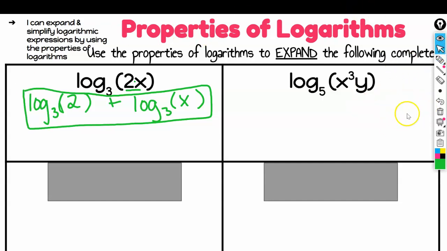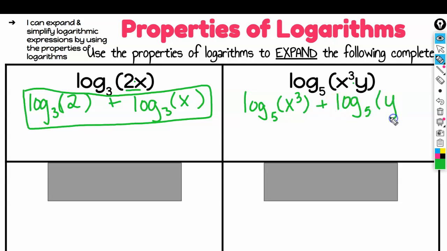Right, with this next problem, I see a little more going on here. I see a power, but most importantly, I see multiplying. So I am going to start, it's backwards. I'm going to start with the product and quotient property first, and then power at the end. So first, since I see the product property, I'm going to start out by separating into 2 logs the x to the third and the y, since they're what we're multiplying together.